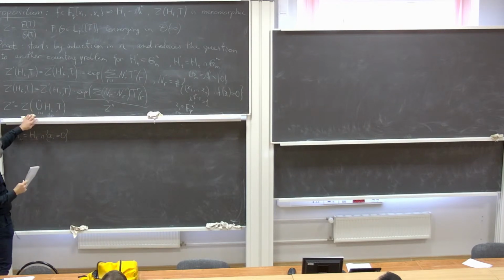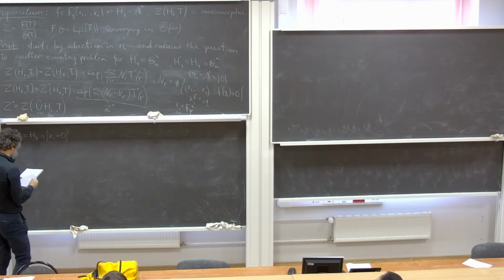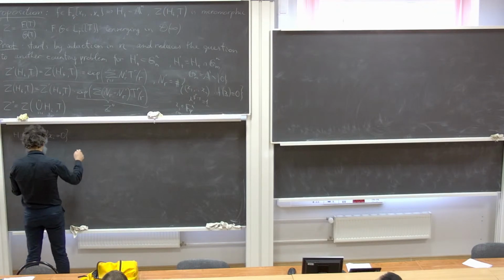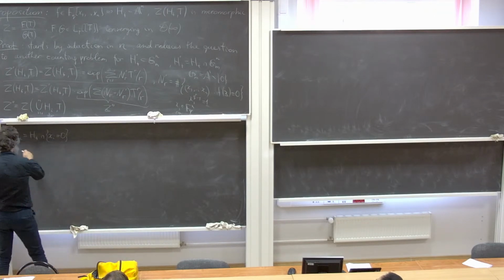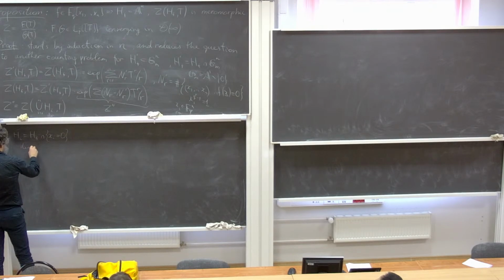Okay, so then it's just a tautology, and now the dimension of this is already n minus 2.